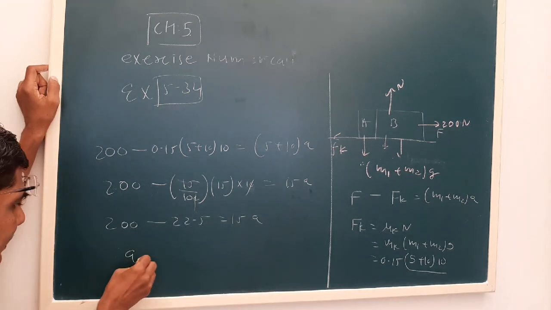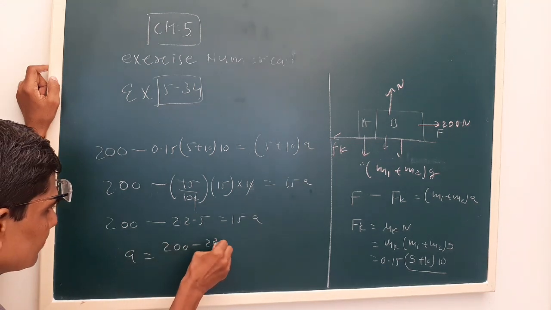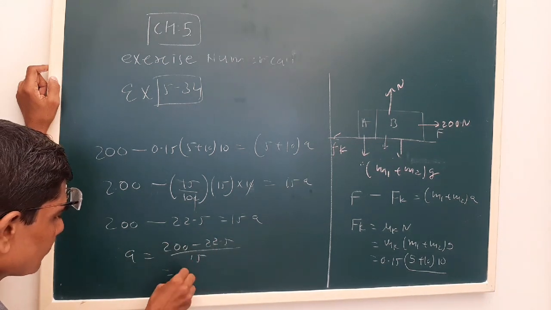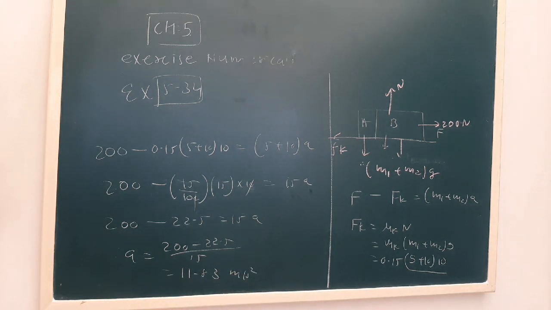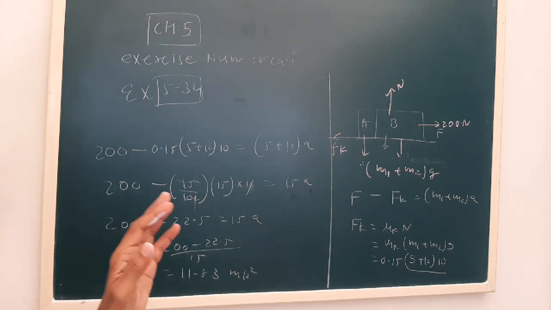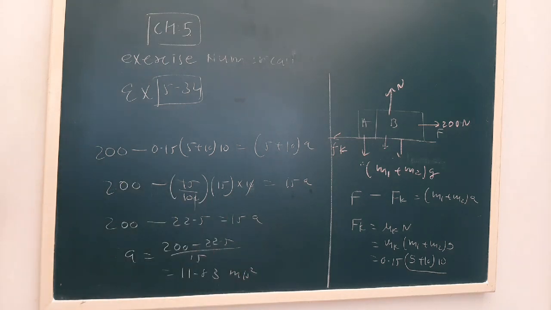So the value of a will come from 200 minus that. This is nothing but the common acceleration of the system. Right now we considered that the partition was there, so that's why the common acceleration of the system will be this.